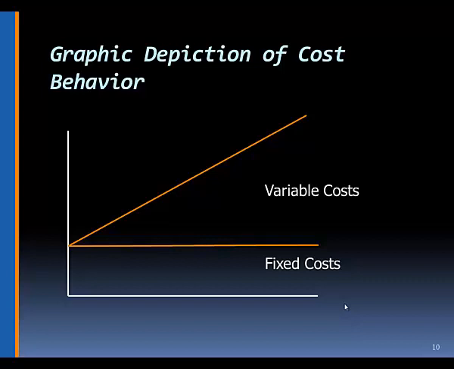As we look at the sloped line where it intercepts the vertical axis, we have no variable cost. But as we increase our units of production, then the variable costs increase, commensurate with the number of units we produce.